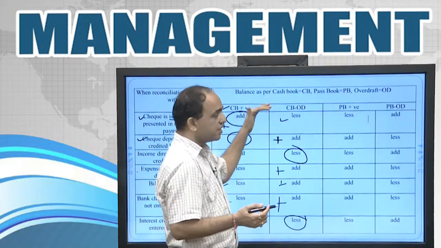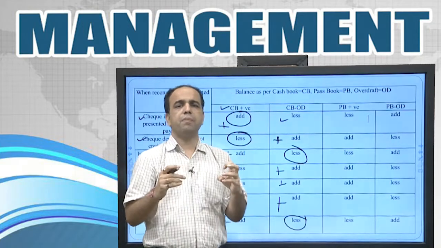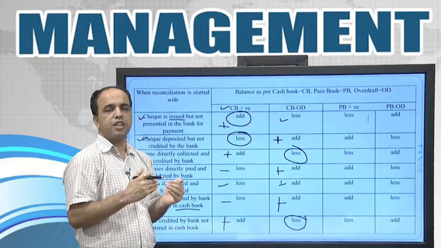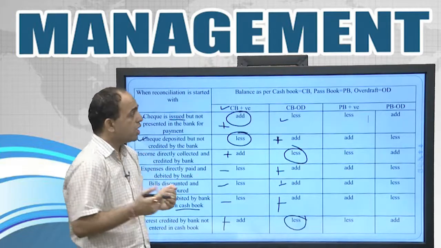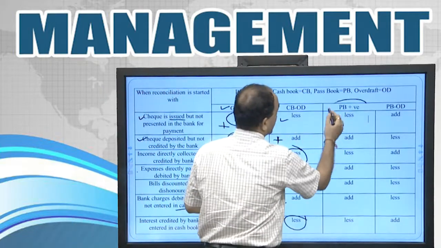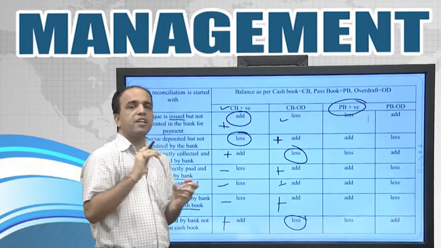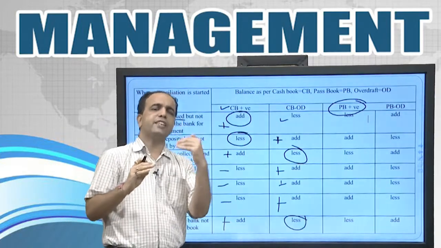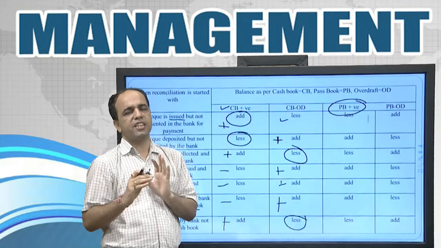Friends, this is as per cash book, but sometimes it happens that you can start your bank reconciliation statement with the passbook also. If you start with the passbook, then you will end with the balance as per cash book, and if you start with the balance as per cash book, you will end with the balance as per passbook.